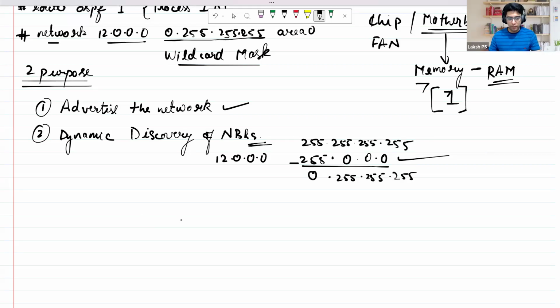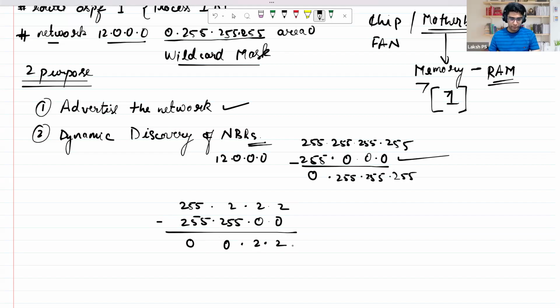So if I give you any other address mask, say 255.255.0.0, to find the wildcard mask, all you need to do is subtract it from the broadcast address mask. What are you going to get? 0.0.255.255, right?